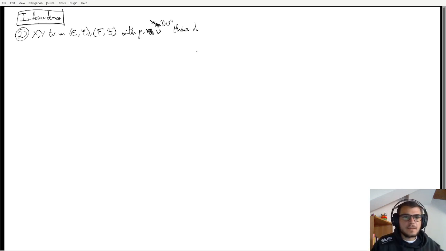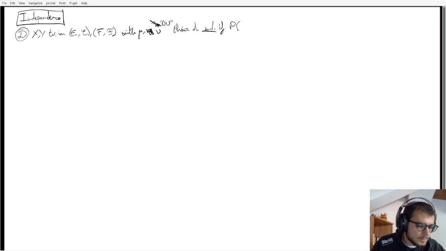We say that they are independent if the probability of the joint distribution of X and Y factorizes into the product of the marginal distributions.